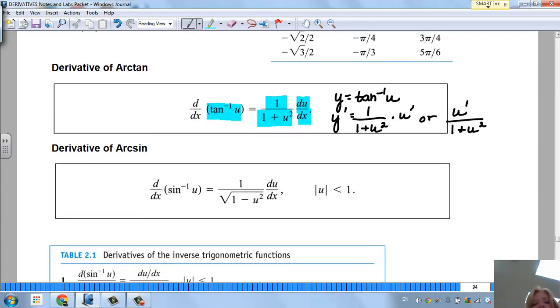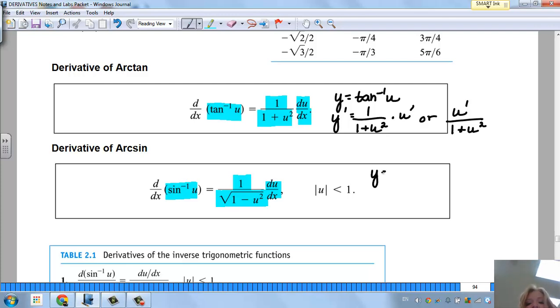The derivative of arcsine is going to be 1 over the square root of 1 minus u squared times du dx, where the absolute value of u is less than 1. I don't mean to disregard that, but you don't have to look at that because I'm not going to be giving you anything like that, but it's nice to know.